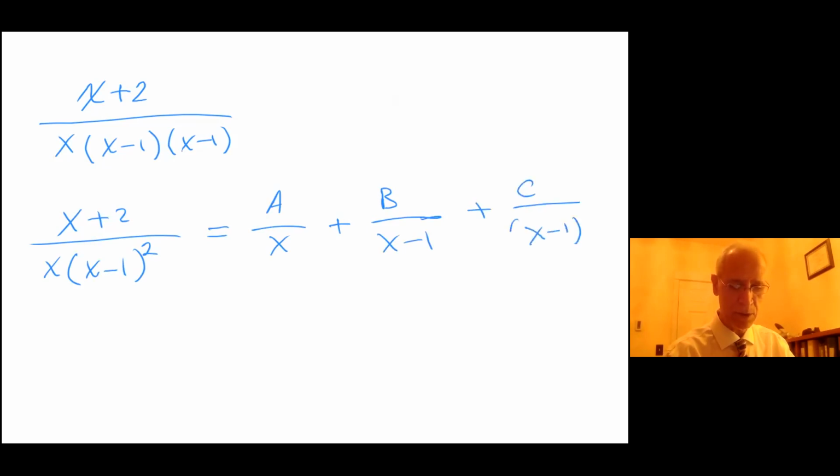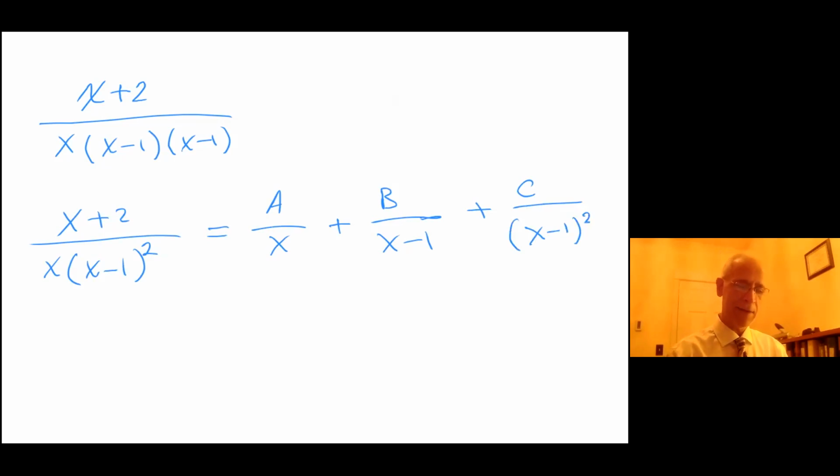Now you're going to have to trust me that this is going to decompose to some A over x, it's not my math, I learned it from others, so please don't think that this is my math. I wish it was. Over x minus 1 plus C over x minus 1 quantity squared.